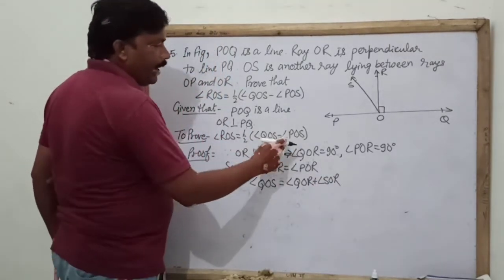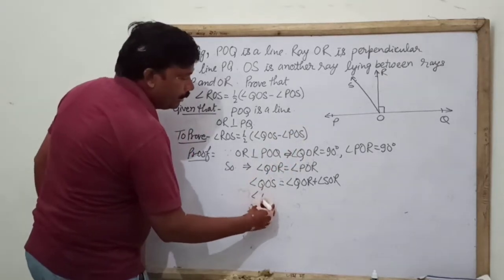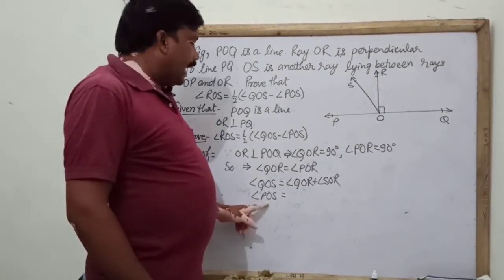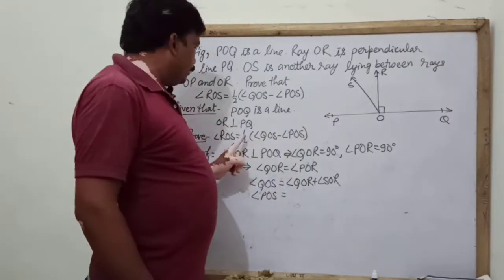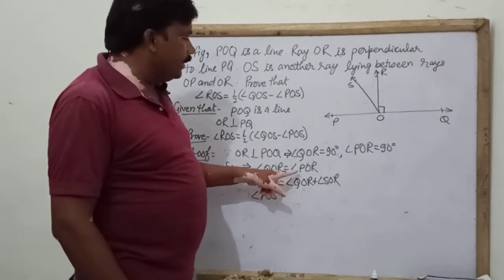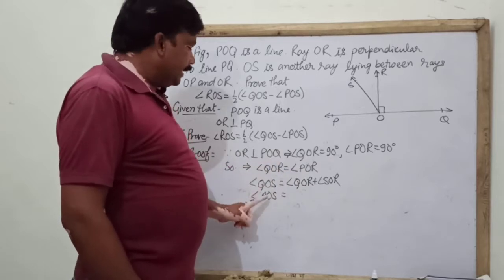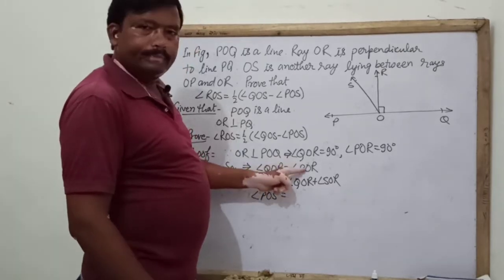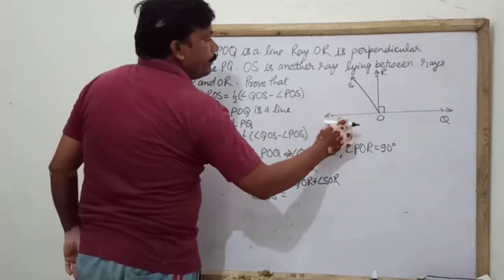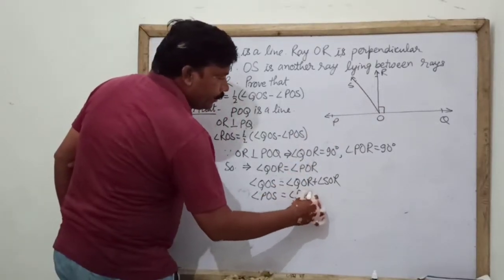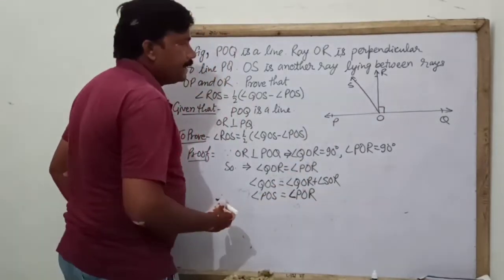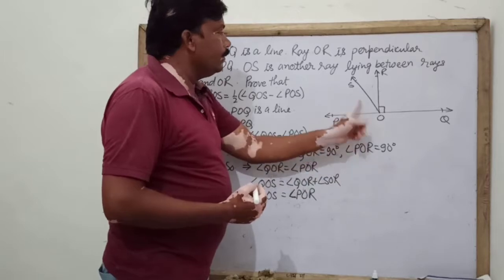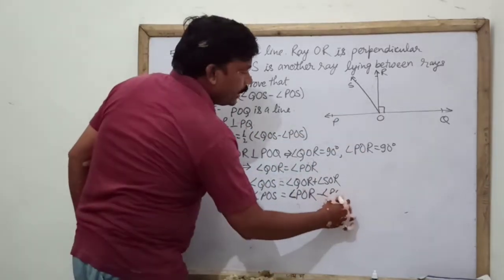Now find the value of the other angle, angle POS. We will also write it in terms of these, which we equalized, since these angles are equal. Finding this angle in the form of one of them, angle POS is the difference of angle POR and angle SOR.